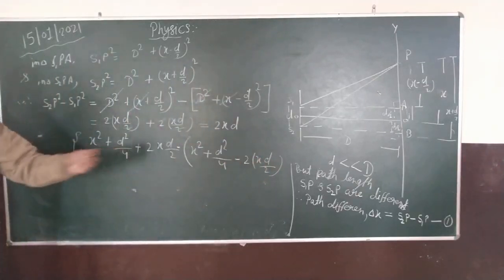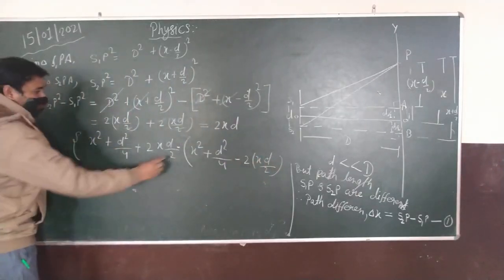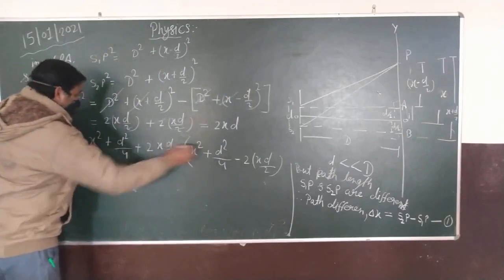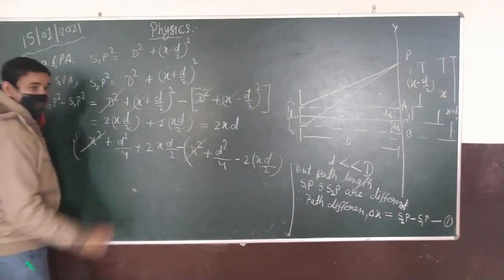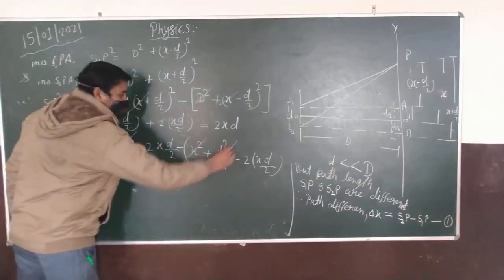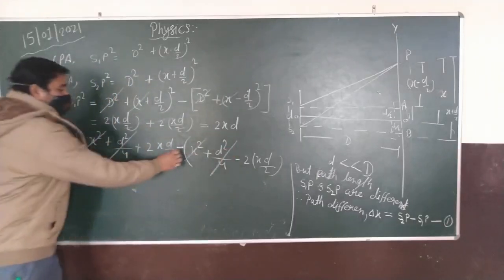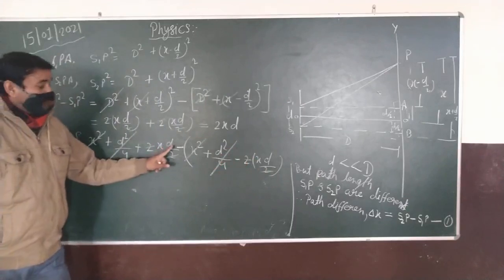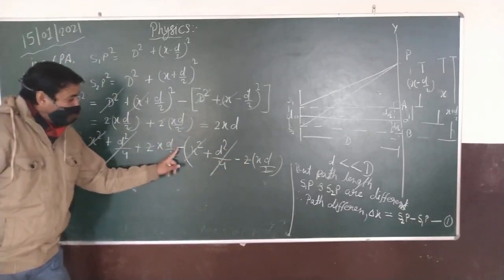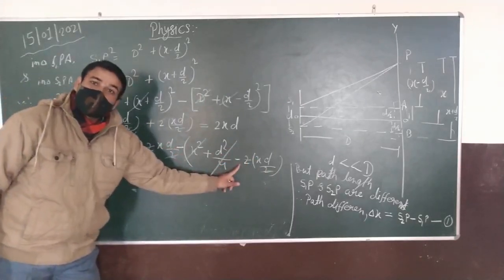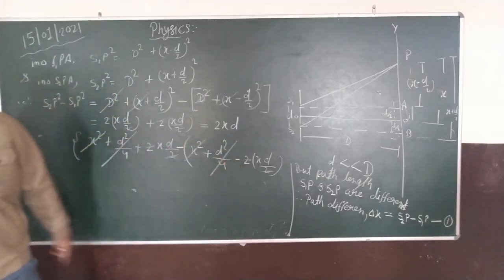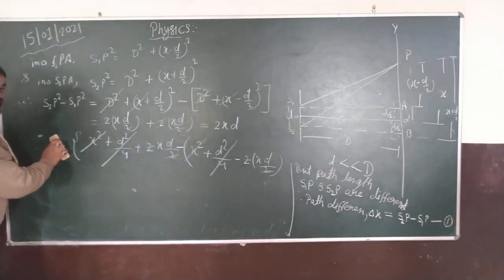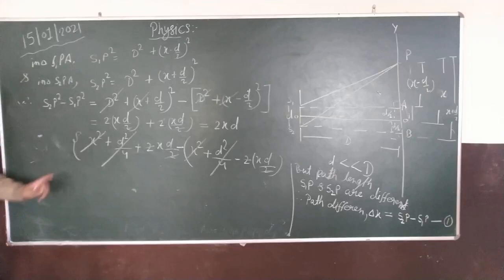Clear? A plus b whole square, a minus b whole square. When this minus multiplies inside the bracket, x square cancels by x square, d square cancels by d square, and this 2 cancels by the denominator. xd is positive, and when minus multiplies inside, this will also become positive, so it will be 2xd. Okay? Yes, done?